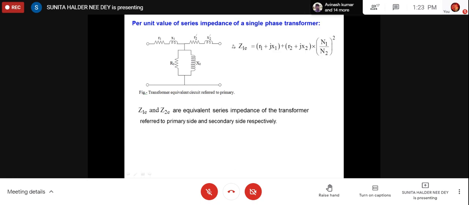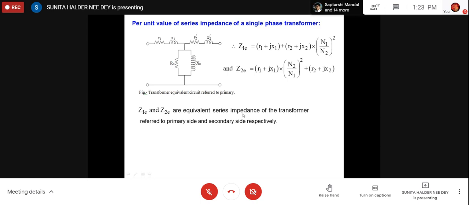Now, if Z1E is the equivalent series impedance of the transformer referred to primary, then Z1E is R1 plus jX1 plus (R2 plus jX2) into (N1 by N2) whole square. N1 and N2 are the numbers of turns in primary and secondary. Similarly, the equivalent impedance referred to secondary will be just opposite: (R1 plus jX1) multiplied by (N2 by N1) whole square plus R2 plus jX2. You know all this. Now these values are totally different.